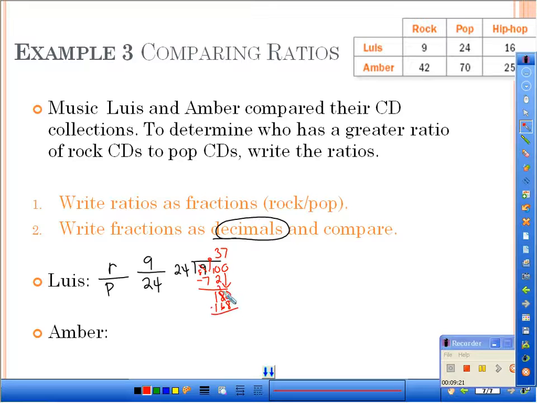Subtract. Add a 0, and 24 goes into 120 5 times. That would be 120. So Luis's ratio of rock CDs to pop CDs can be represented by 9 over 24 or 0.375.